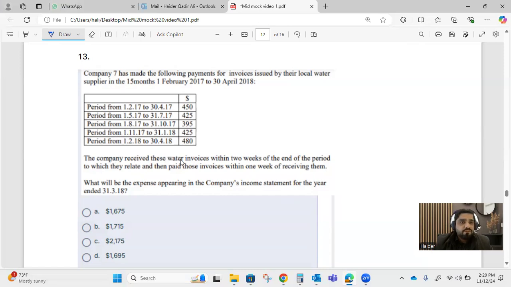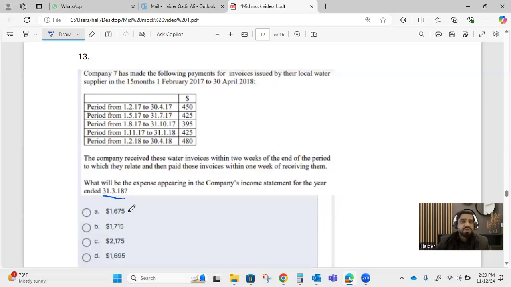The company received these water invoices periodically within 2 weeks of the end of the period to which they relate, and then paid those invoices within 1 week of receiving them. What will be the expense appearing in the company's income statement for the year ending 31st March?